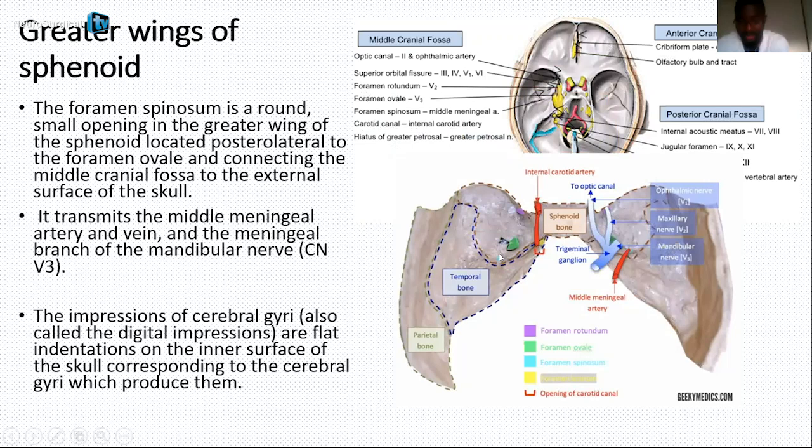It is here. I will show you. It is located posterolateral to the foramen ovale and connects to the middle cranial fossa. You see here, just inferior to the temporal and parietal lobes, it transmits the middle meningeal artery and vein and the meningeal branch of the mandibular nerve.